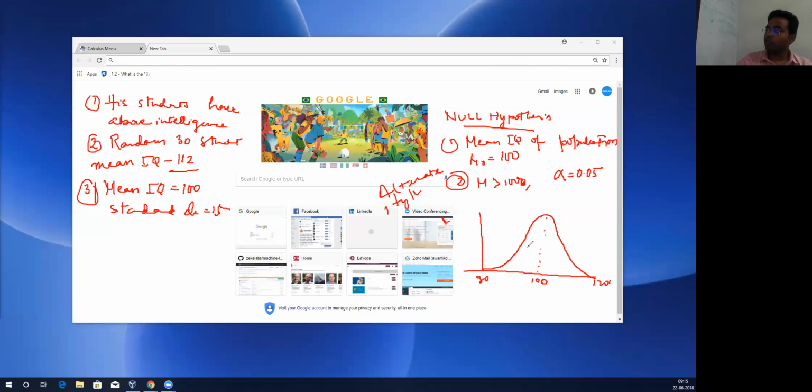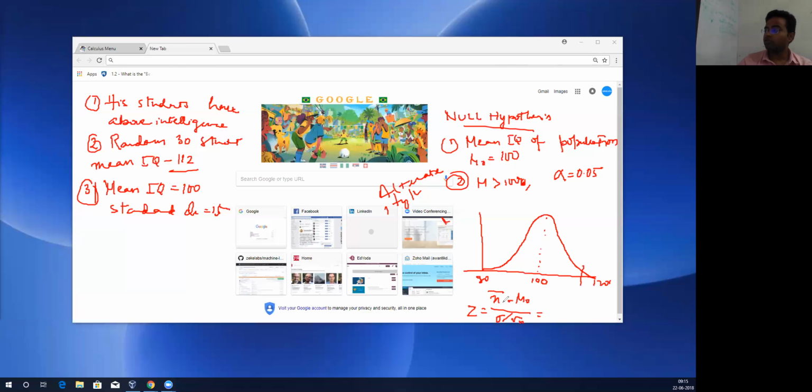Now what you have to do is find out this 0.05 of the entire area of people, right? So your Z score is equal to x bar minus mu naught, divided by sigma, the standard deviation, divided by square root of n.